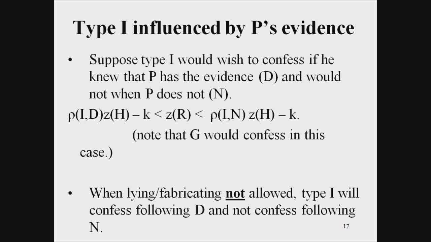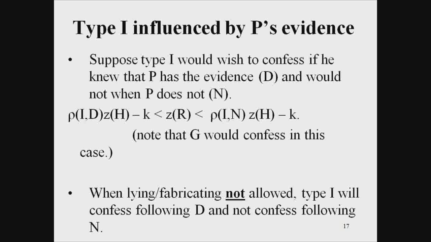If they do, I'd be better off to confess. If they don't, I'd be better off to go to trial, right? And as noted before, in this case, the guilty would confess, right? Regardless of whether police had the evidence, right?